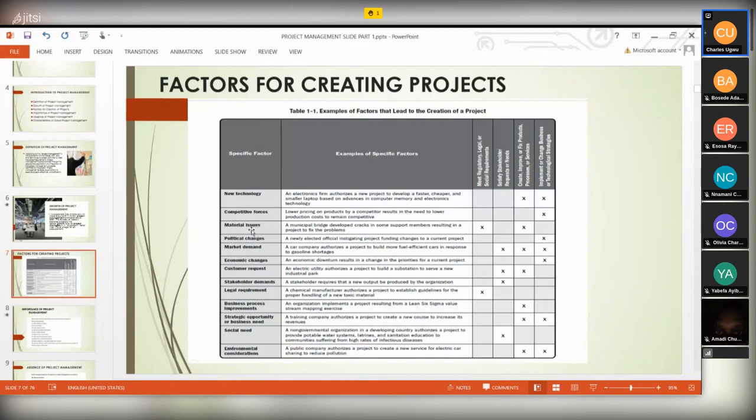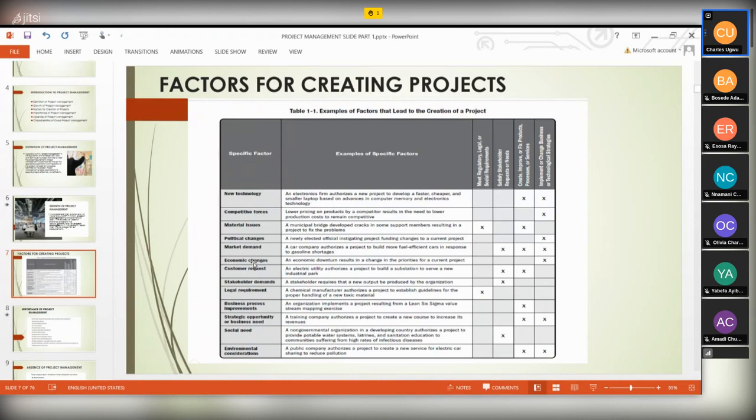Another one is material issue, and another one is political issue. Another one is market demand. Market demand is another key issue that is driving more projects in the IT industry. There is huge demand in the market because of these new technologies.